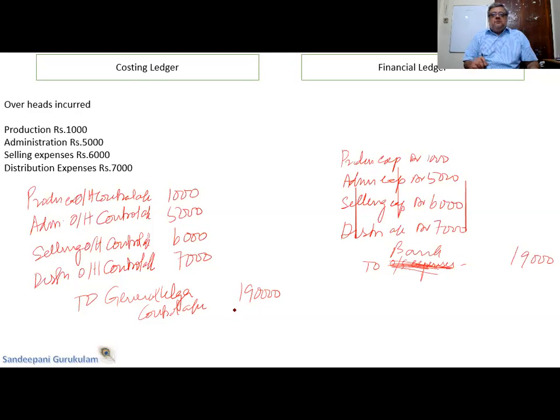Now a simple trick before winding up. When you get integrated, what will happen? This will remain in the costing books, and this will remain in the financial books. So it will be production expenses control account 1,000, admin overheads control account 5,000, selling overheads control account 6,000, distribution overheads control account 7,000. Here you will put bank account 19,000.